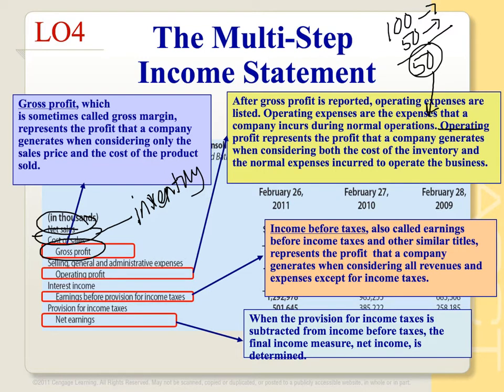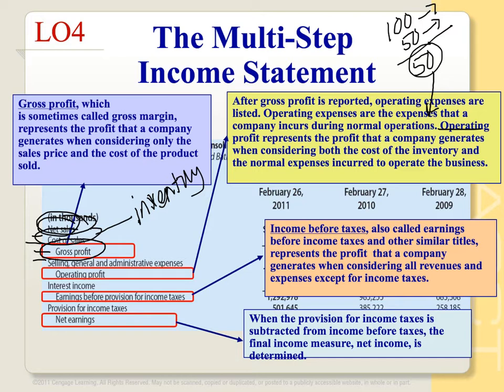So whatever you have left over becomes your net earnings, that which you can keep. And so you take sales minus cost of goods sold, also called cost of sales, and it equals gross profit.